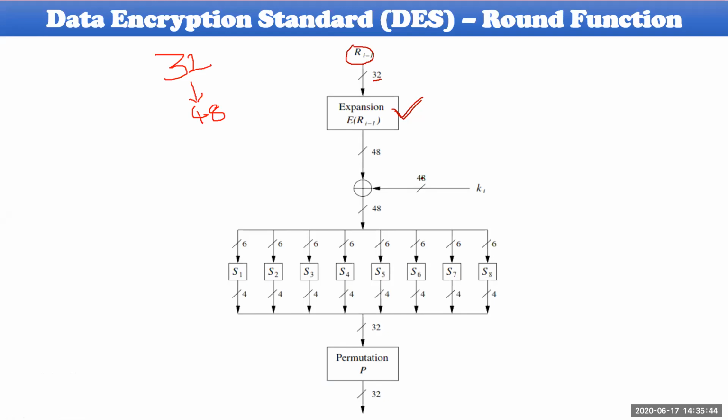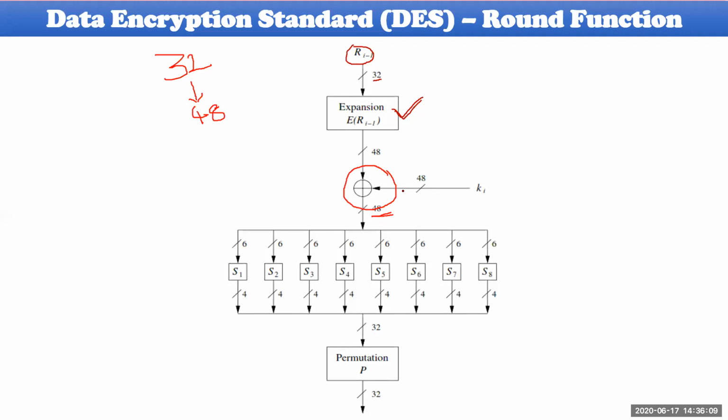That is why these 48 bits are taken into consideration by supplying R(i-1) to the expansion box, so that 48 bits are output here. These 48 bits will be exclusive ORed with the key, and the output will also be 48 bits.